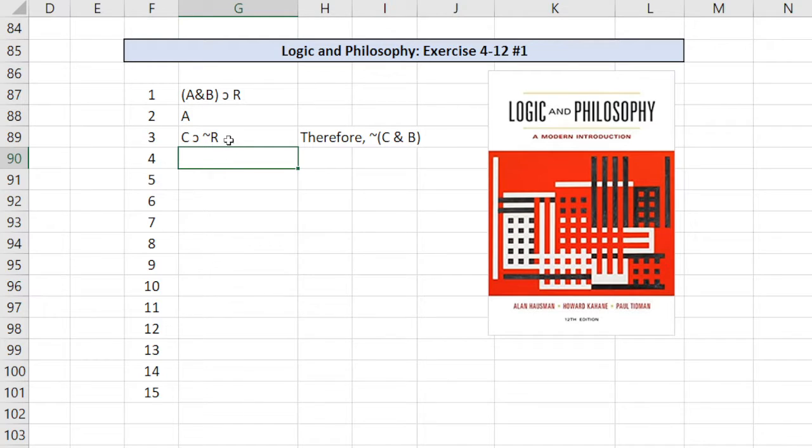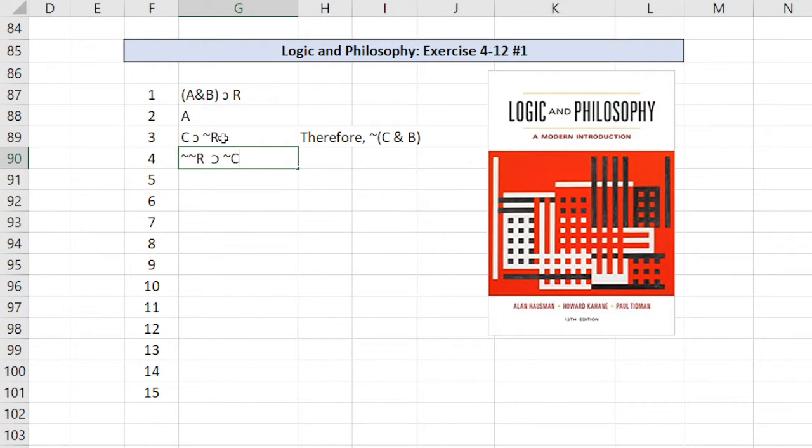So let's try that. If you remember the rule of contraposition, you can flip around the conditional and you have to negate both sides like this. Not R, and then not C. Let's keep it connected.